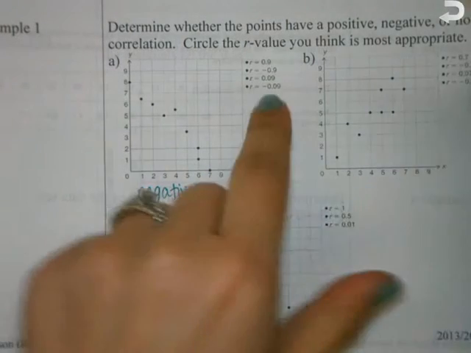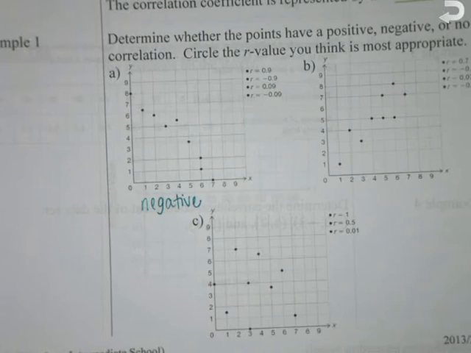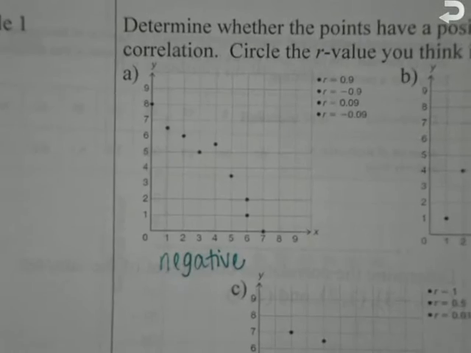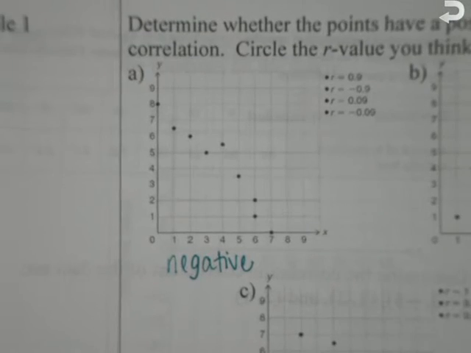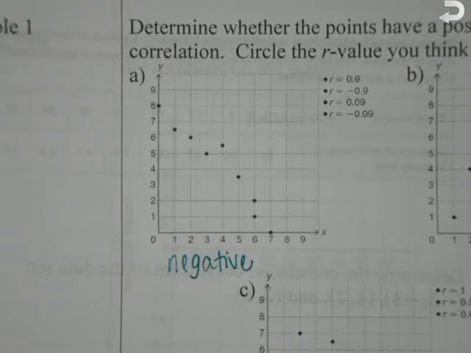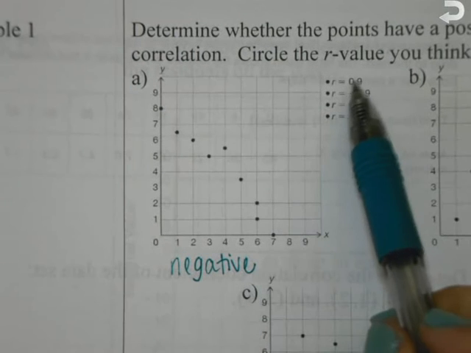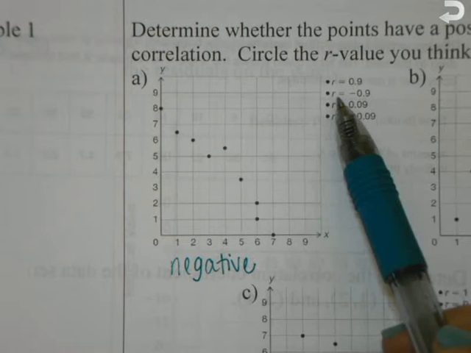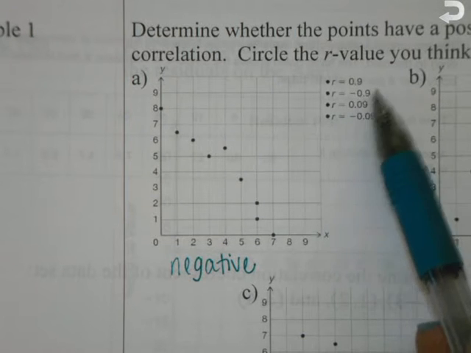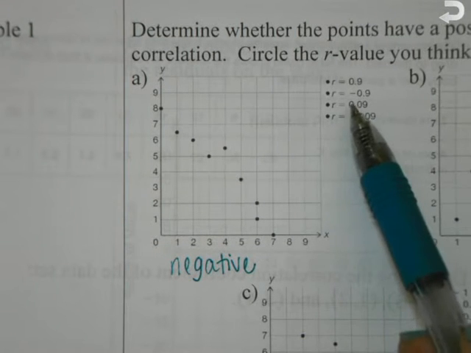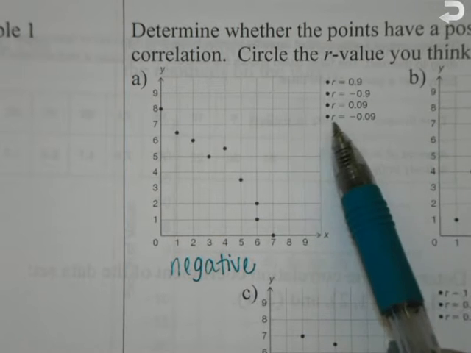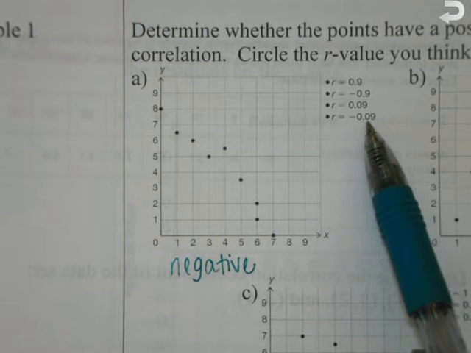Okay, so then they give me 3 R values. Let me zoom in. Remember, R is our correlation coefficient. R equals 0.9, R equals negative 0.9, R equals 0.09, or R equals negative 0.09.